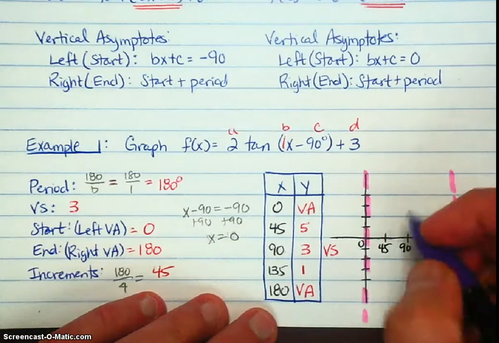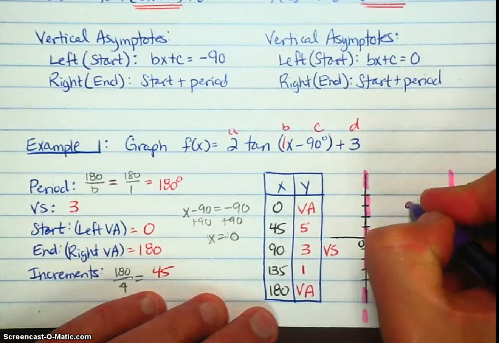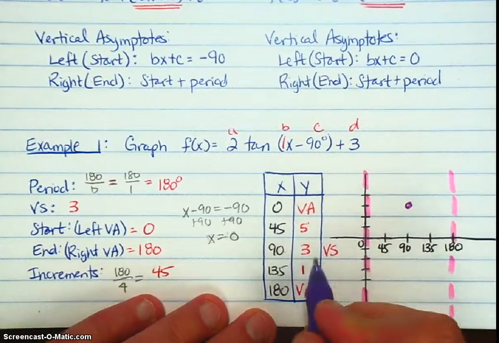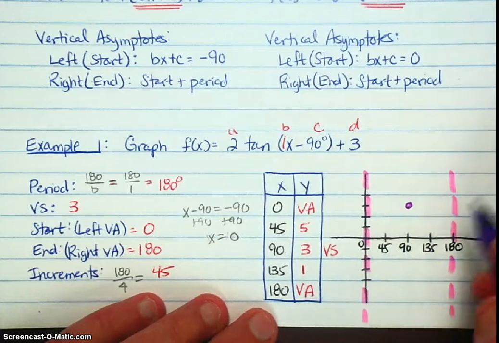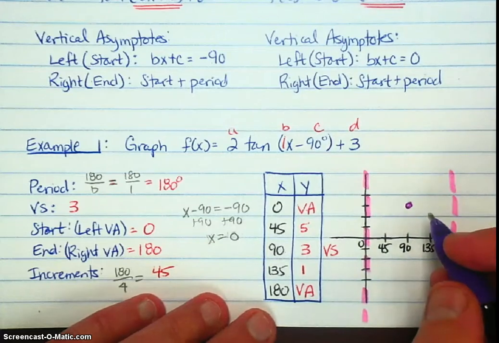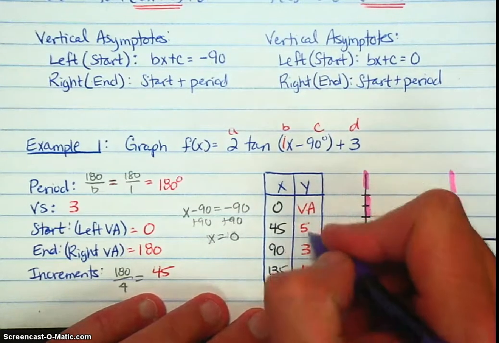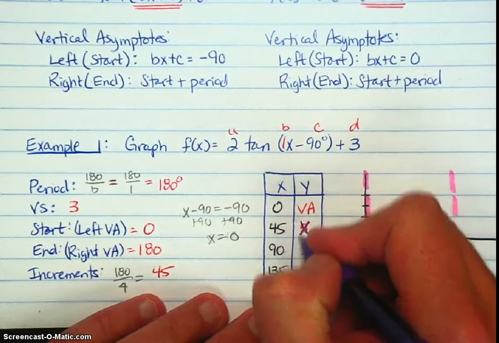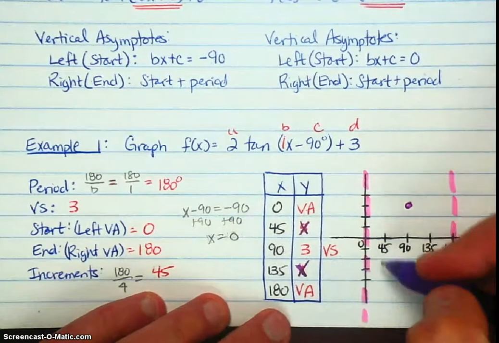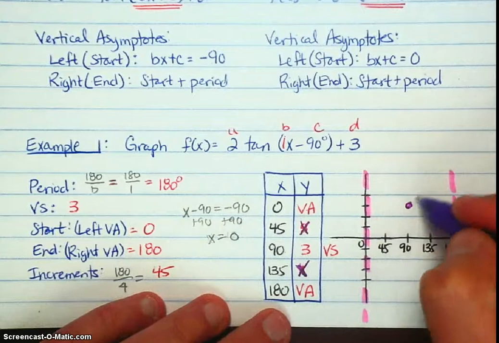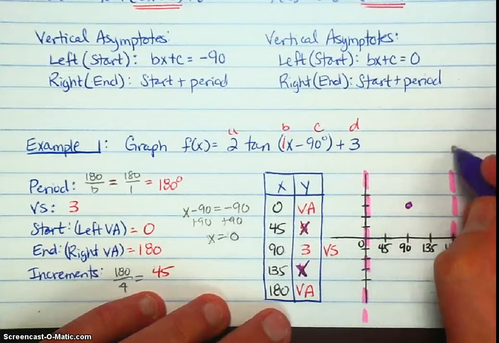So the middle of my graph is at 3, which, notice, that is the vertical shift. That's kind of like the sinusoidal that we've been talking about earlier. And then, actually, I'll tell you what, I have mixed these 2 points up, and I apologize for that. Okay, we know that a tangent graph should be increasing as we go left to right.